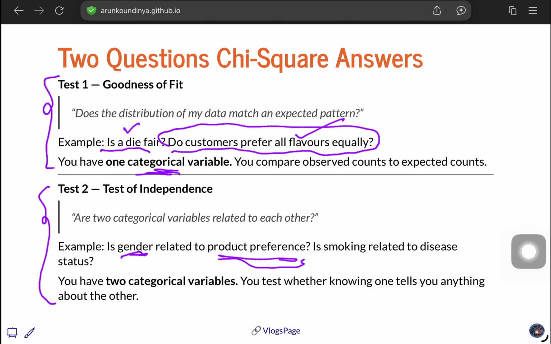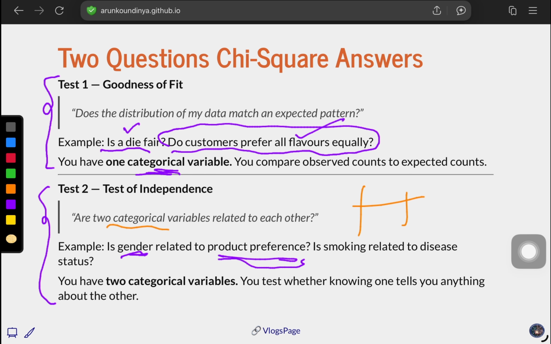And the similar thing we have here: if it is 2 categories, in general you can tabulate the 2 categories as rows and columns. Here it can be category 1 and here it can be category 2. Then the degrees of freedom is the number of different categories in rows minus 1, into the number of categories in columns minus 1.